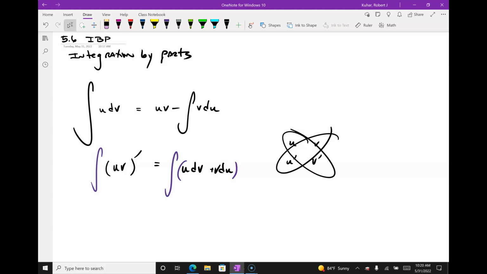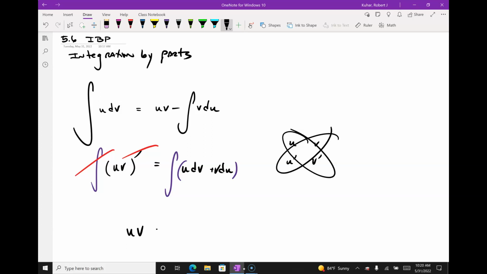Antiderivative of a derivative. I just get uv. They cancel. Fundamental theorem of calculus: if you integrate a derivative, they undo each other.